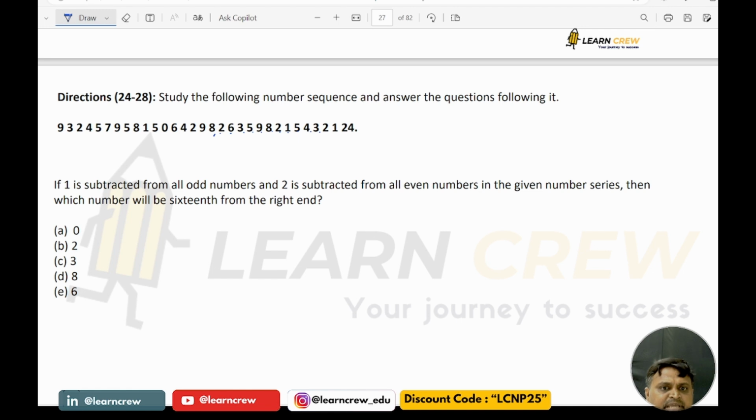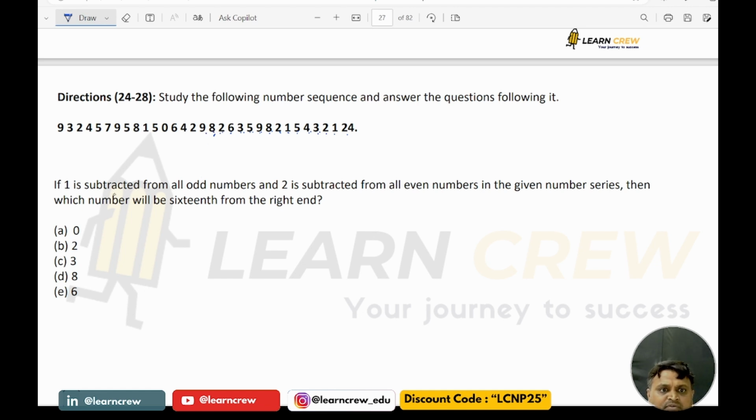Which number will be 16th from right hand? So 24 I think is one number.